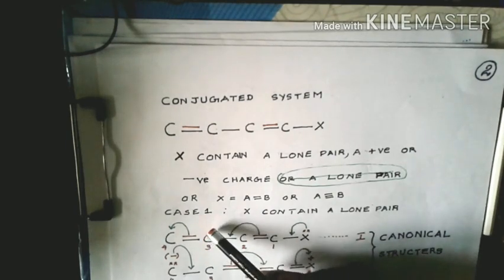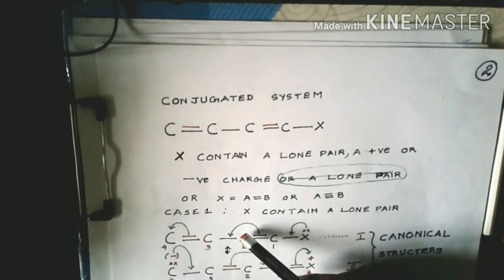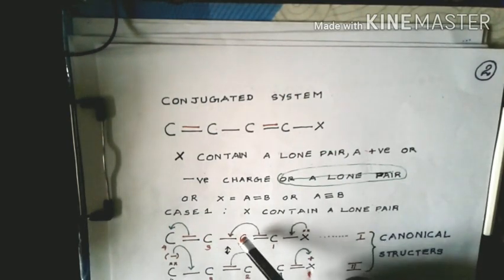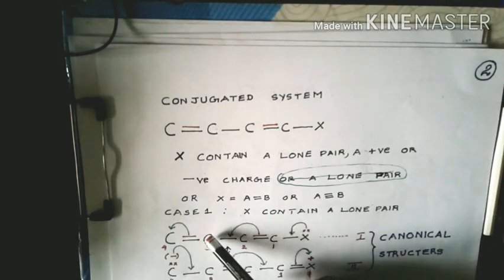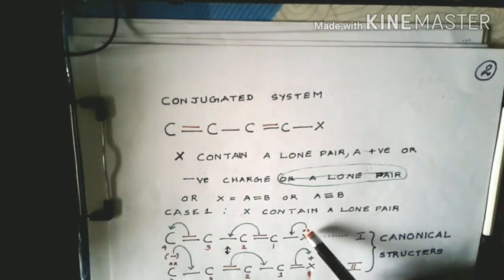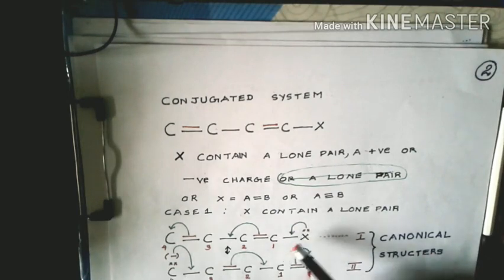Now this vacant orbital over the positive carbon and the filled orbital over the negative carbon, that is the second carbon, will overlap. Now during that process, one electron is transferred to carbon 3 so that its charge neutralizes, and we get a pi bond between C3 and C2 as here. Now simultaneously, the electron pair over X shifts to a position in between C1 and X.